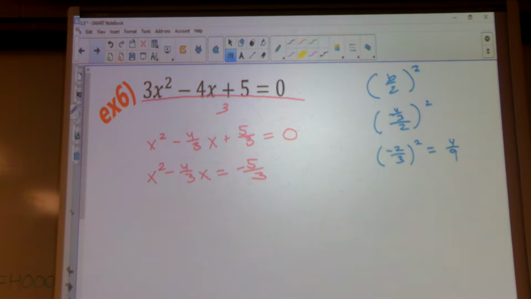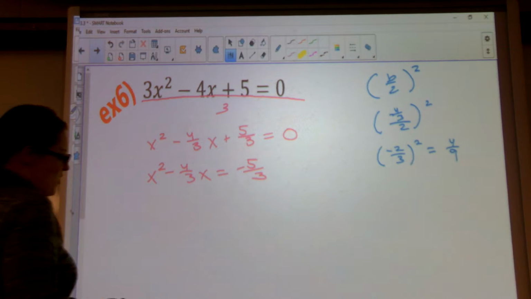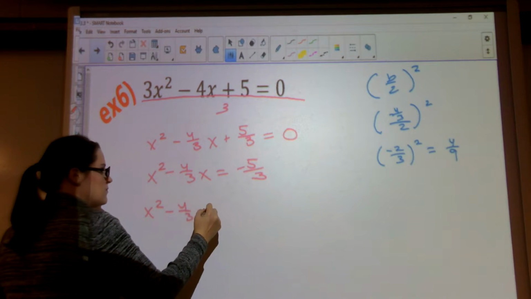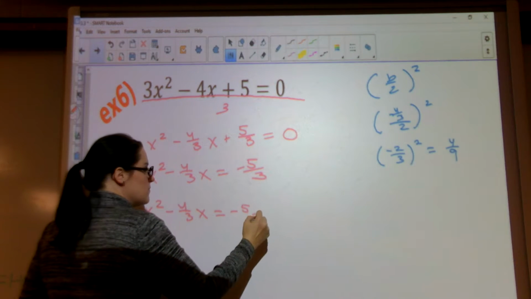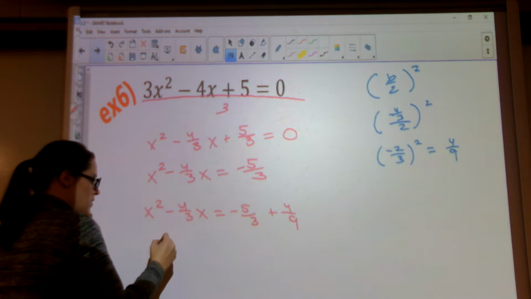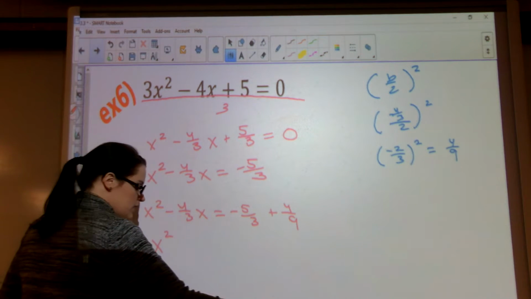Check me. Yes. Didn't sound too convincing. Yes. Okay, thank you. Squared, I get 4/9. So let's add 4/9 to both sides. Oops, and I didn't write it on this side. What was I doing?